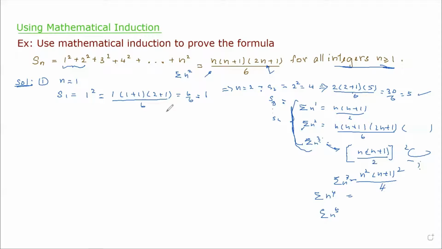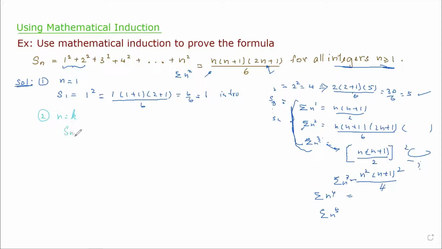Okay, so we come back to here. Our proof continues. Second step. We let n equal to k. So you replace n with k.